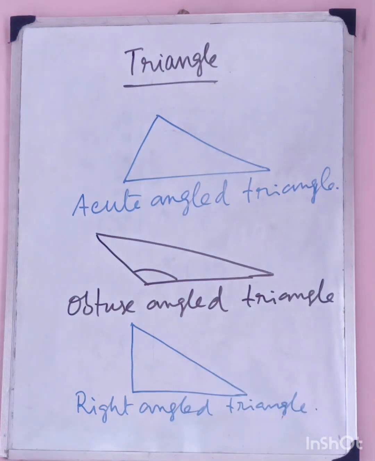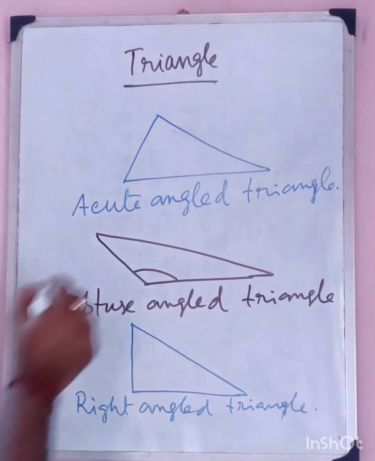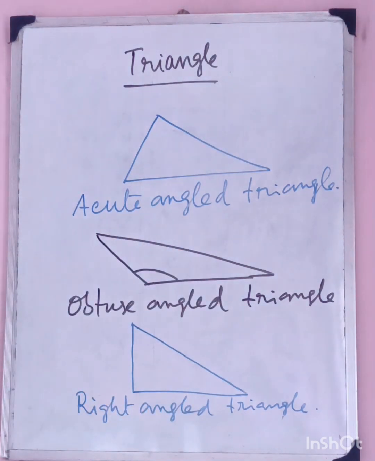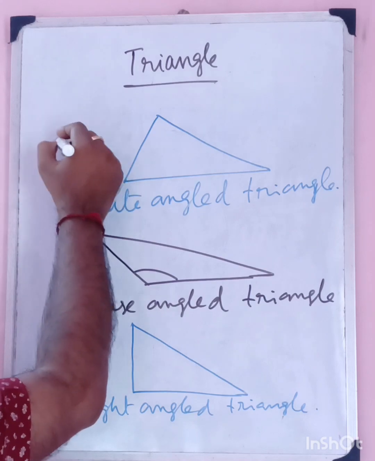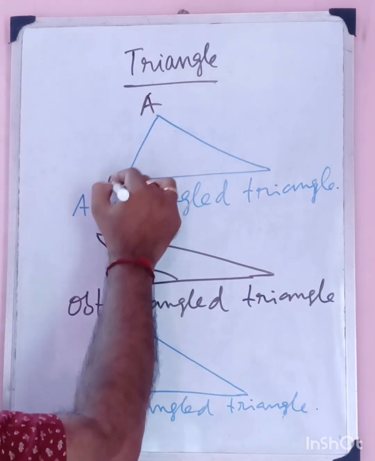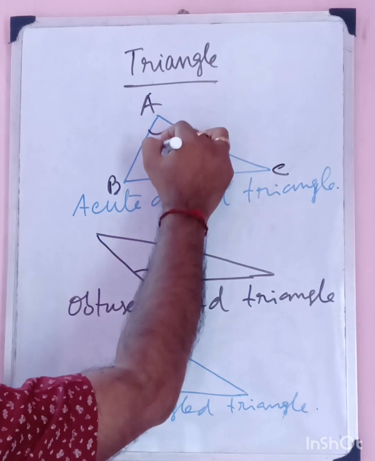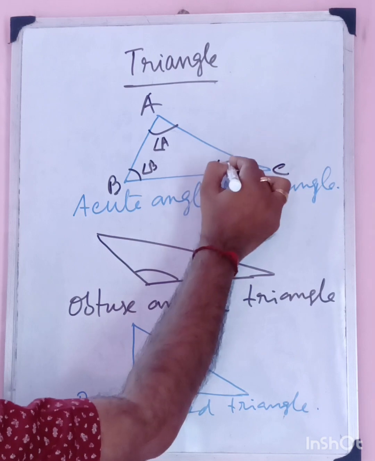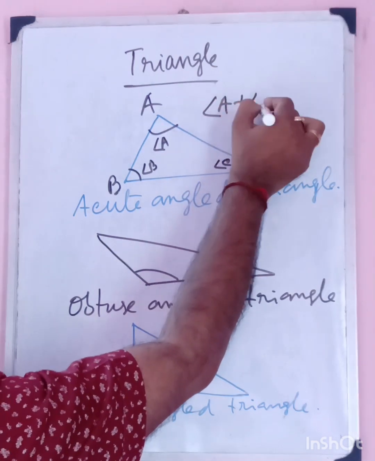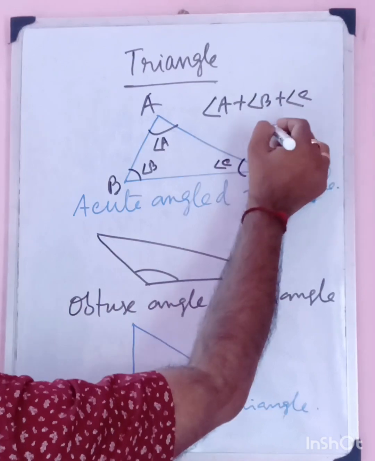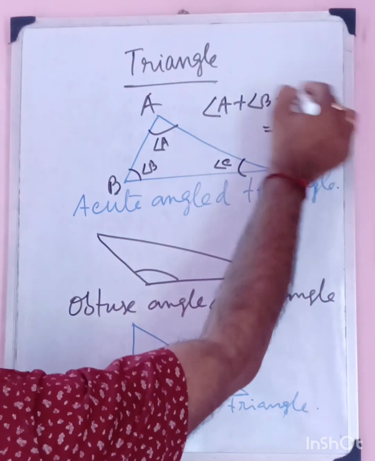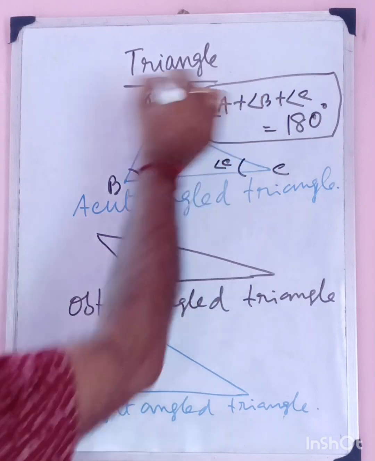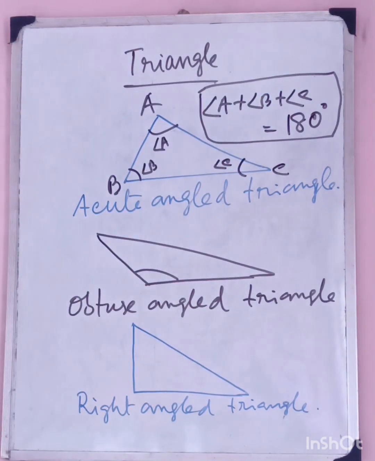Okay, now one thing to be remembered, in any triangle, the sum of the three angles is equal to 180 degrees. If you write it like ABC, this is angle A, this is angle B, this is angle C, then A plus B plus C equals 180 degrees. This is property number 1 of triangle.